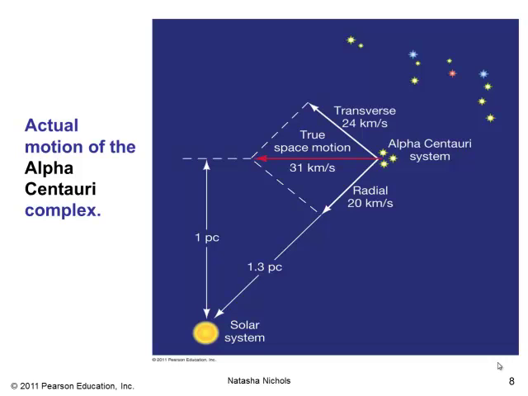So the final true spatial velocity is indicated by the red arrow. It is the addition of the two vector velocities, the transverse velocity and the radial velocity, which gives us a final true velocity, indicated by the red arrow.